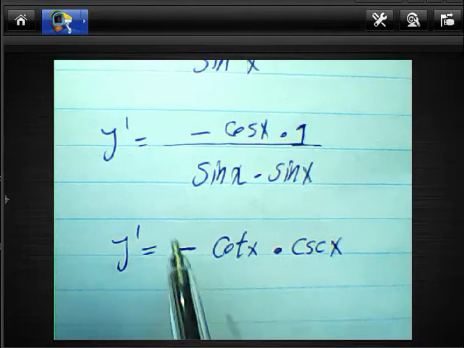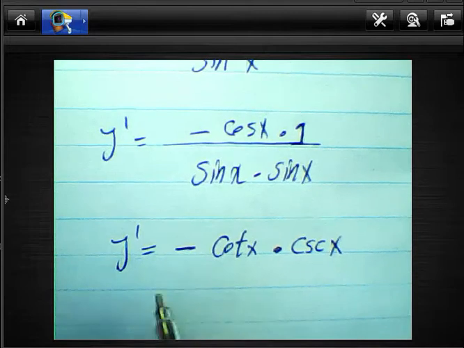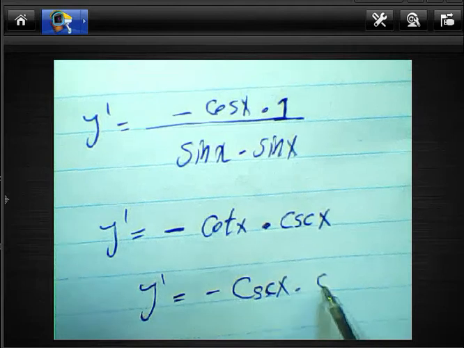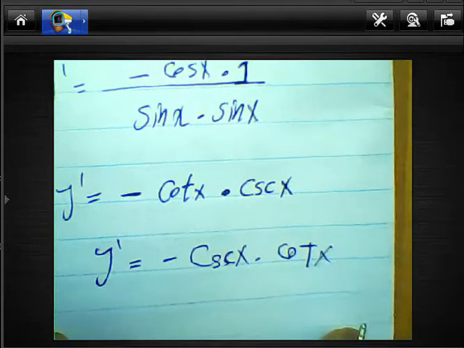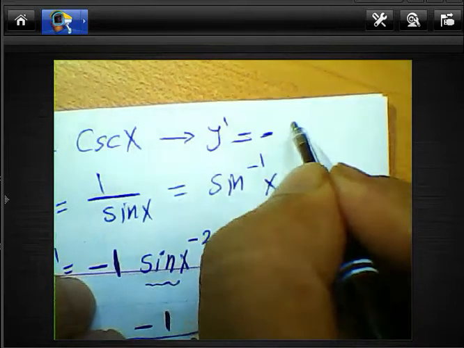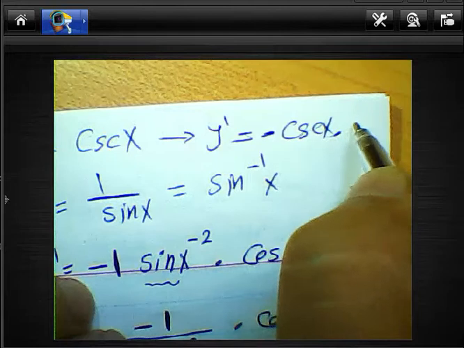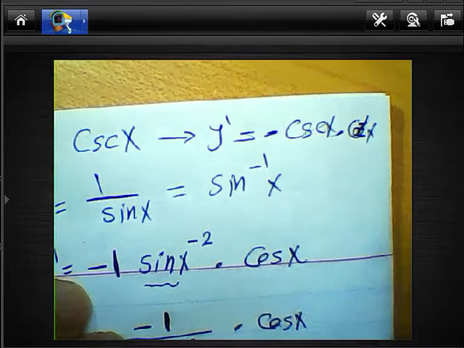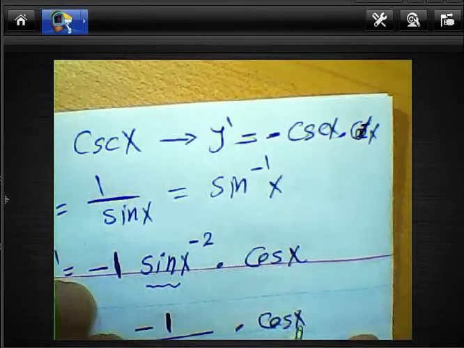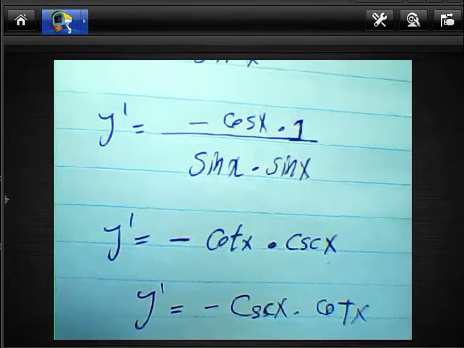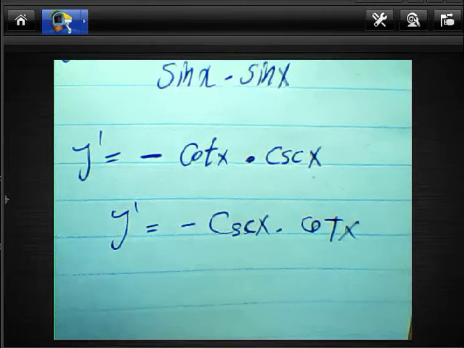Since the derivative of this function cosec equals negative cosec cotan, we write it here: the derivative of cosec is negative cosec dot cotan x. Okay, the derivative of this function cosec will be negative cosec cotan. You must keep this rule in your mind. Okay, so we can simplify it.